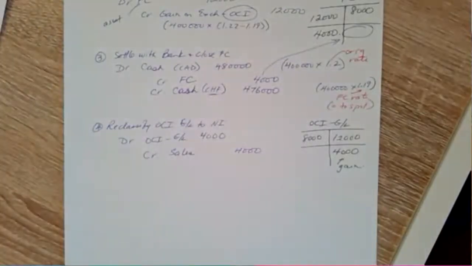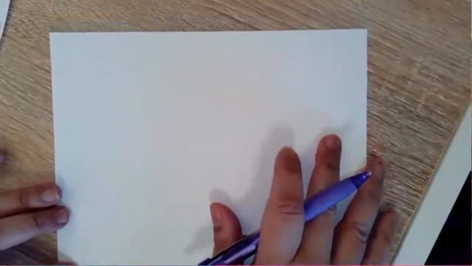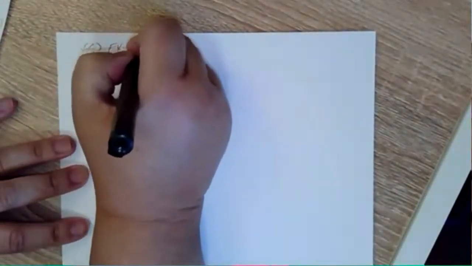So now let's go on and do the fair value hedge, which is part C. What are the chances? And this is a fair value hedge.